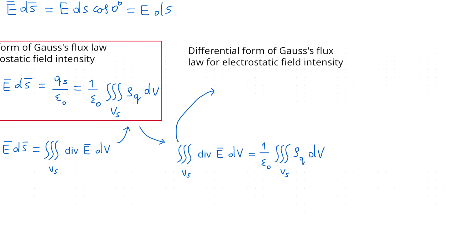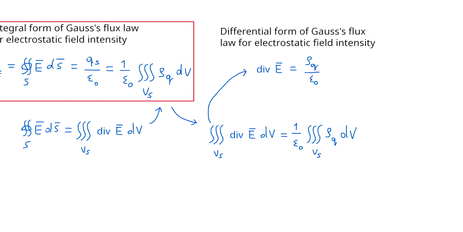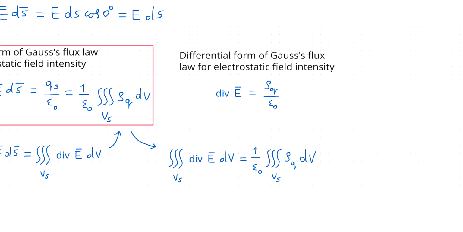So we will have divergence E is equal to rho q divided by epsilon 0. This is a differential form of Gauss flux law.